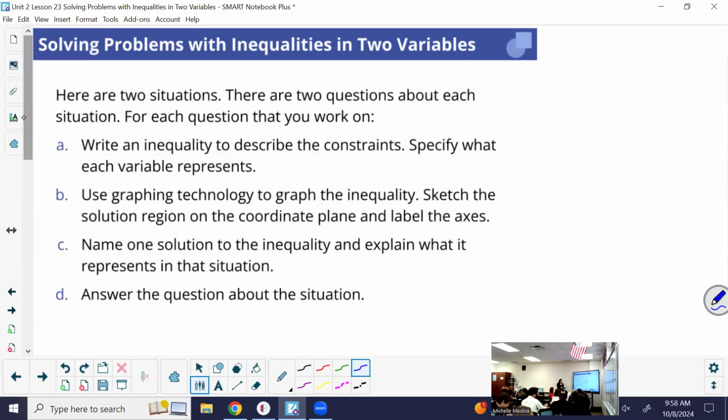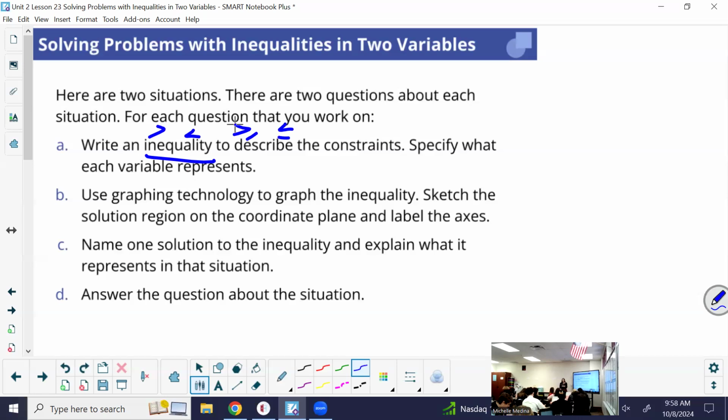And you're gonna make an inequality to describe it. Yesterday we did an equation. Today we're doing an inequality, and there's 4 options for your symbols. You have to pick which one is best. If you use a variable, be able to tell me what the variable represents. You can use graphing technology to graph it and then sketch that graph.